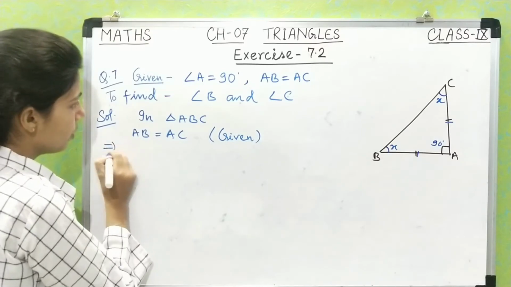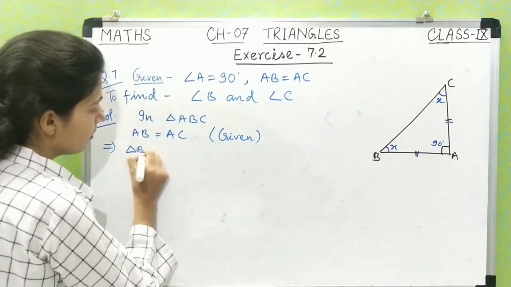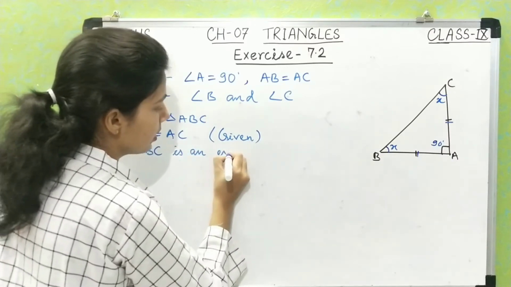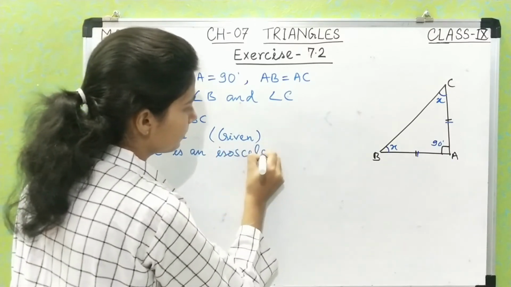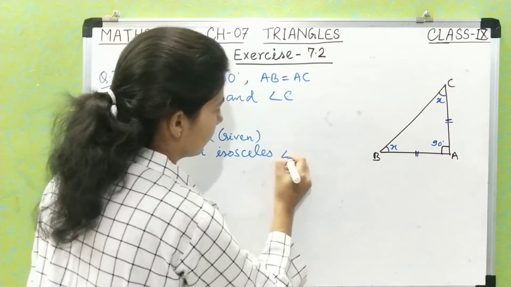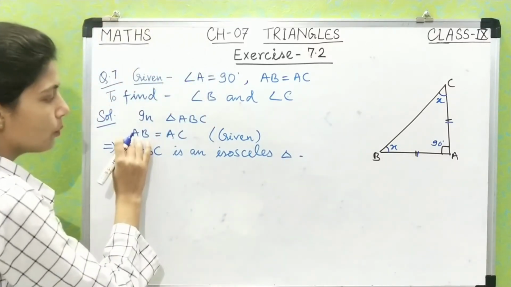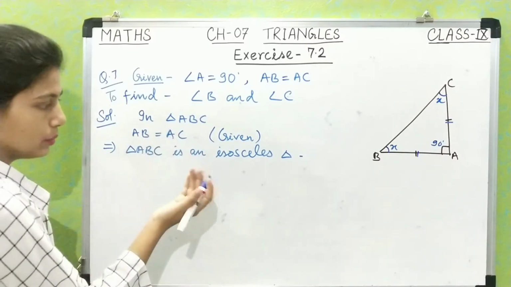So it implies that triangle ABC is an isosceles triangle, so the angles opposite to these sides will also be equal.